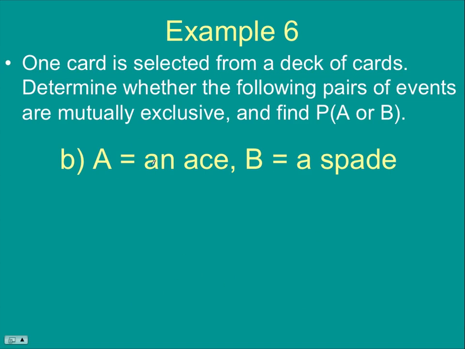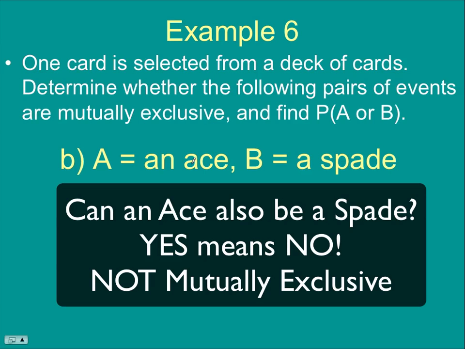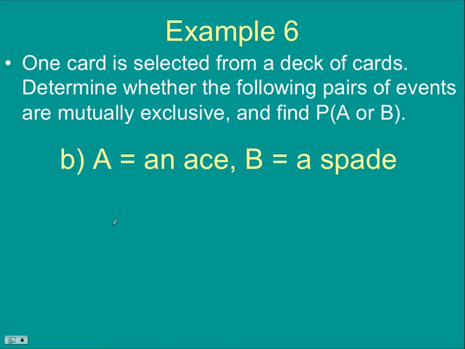Now, if we're looking at an ace and a spade, you ask yourself, can a card be an ace and a spade? Well, the answer is yes. And when you answer yes to that, we say these are not mutually exclusive. So we're going to add the probability of it being an ace plus the probability of it being a spade, and there are 13 spades, and subtracting the probability of it being both.